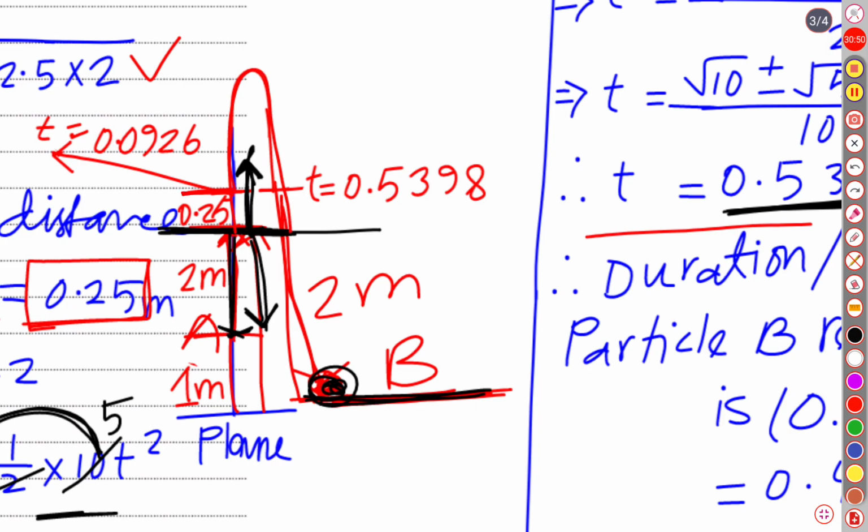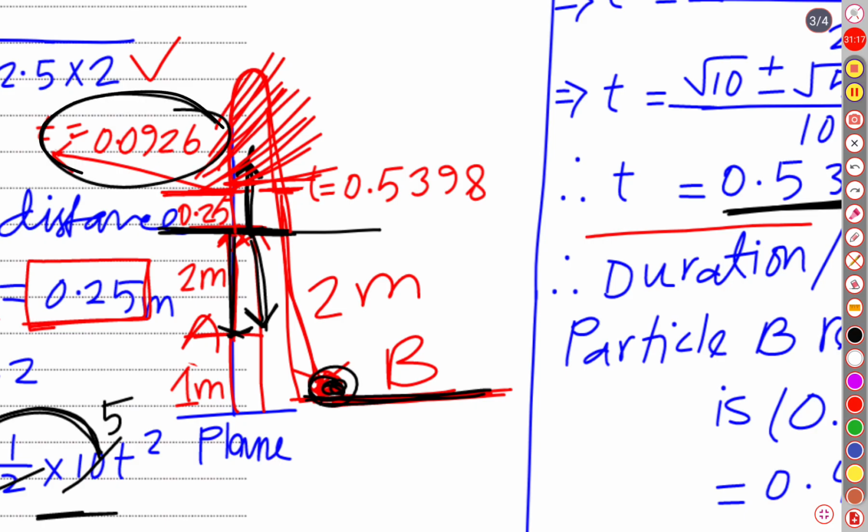So this is 0.25 or 3.25. They have told us to find this portion. When the particle is above this height, what was the time period, not actually time, but time period or duration.